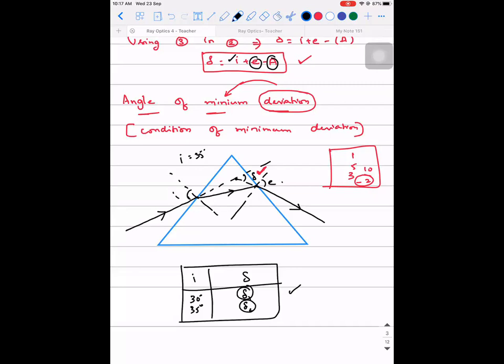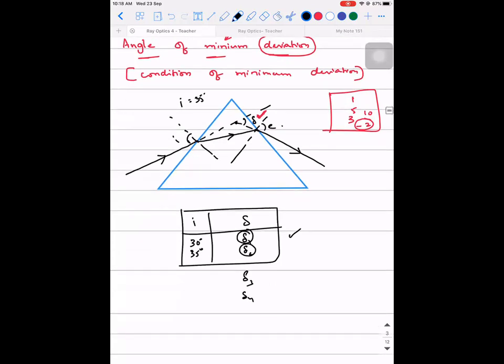So when you repeat it, let's say 5 times, you have 5 values of the angle of deviation, for which you would have used different angles of incidence.